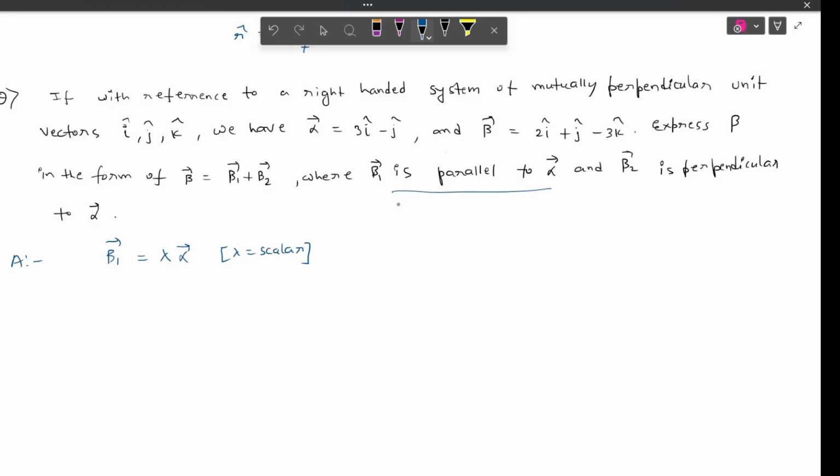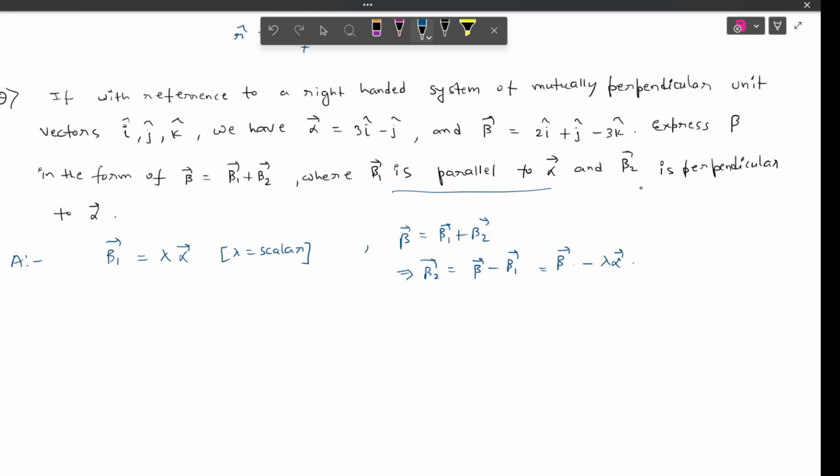Okay, and it is given that you have to represent beta vector as beta 1 vector plus beta 2 vector. So beta 2 vector would be beta vector minus beta 1 vector. That means beta vector minus lambda into alpha vector.